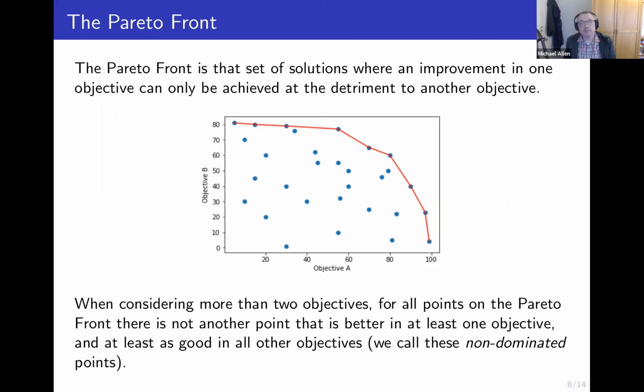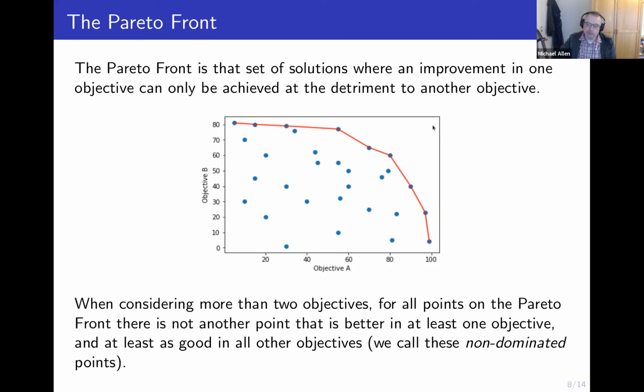A common one might be, you want to minimize the weight of something but maximize the strength, and those 2 objectives are sort of mutually exclusive. And so here we've got some cases as we try and get higher on objective A, we necessarily harm objective B. We think of Pareto as the trade-off.